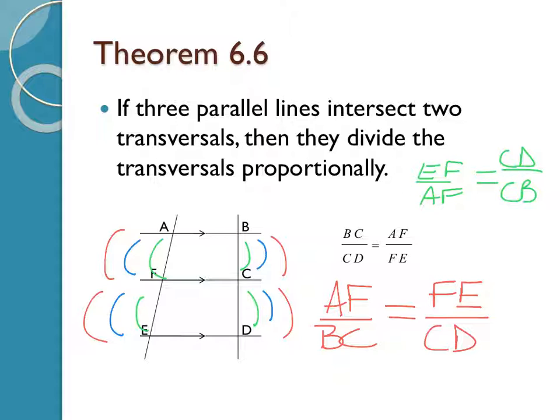So notice in the original, these were both from the top, these were both from the bottom. So different variations of the same thing. Notice each time the cross products are the same 4 letters.